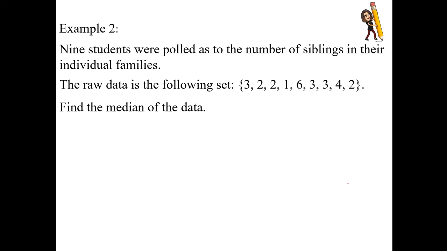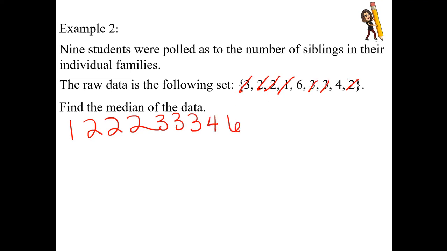All right, let's look at if we had an odd number data set. So if we only had 9 total students that were polled. So again, we're going to start off by listing them in order. 1, 2, 2, 2, 3, 3, 3, 4, 6. So we took out the one other person that had a sibling number of 3.